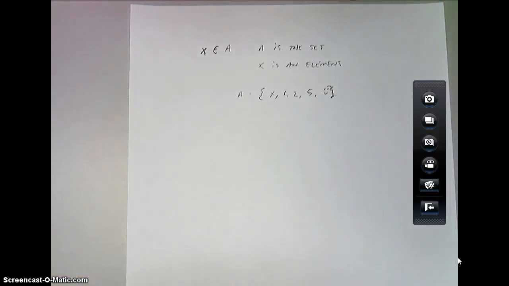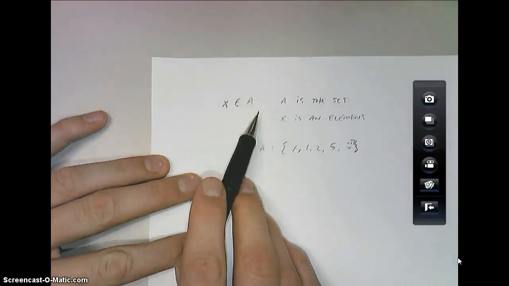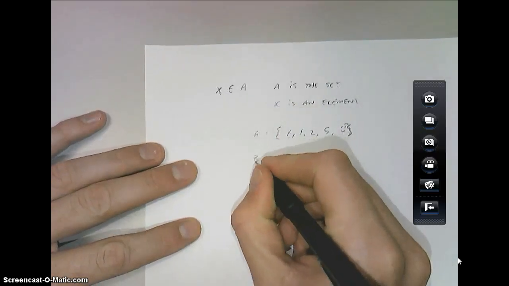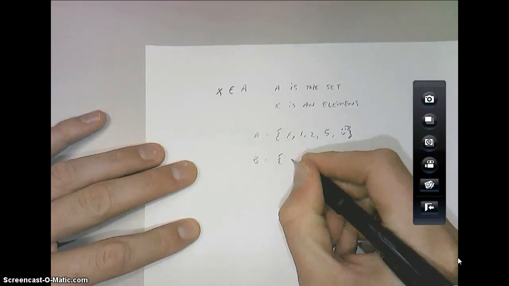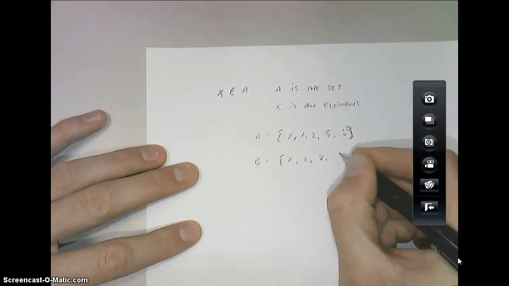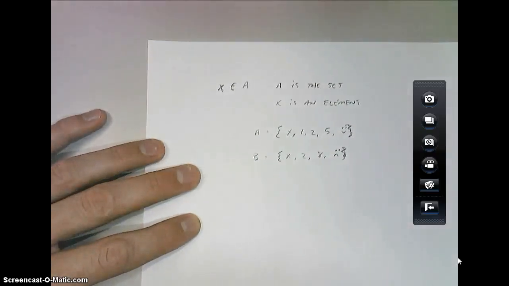So the elements of A are those objects. And then we see that x is obviously an element of A because x is in A. All right. So now let's say that B is x, 2, 8, frown face.